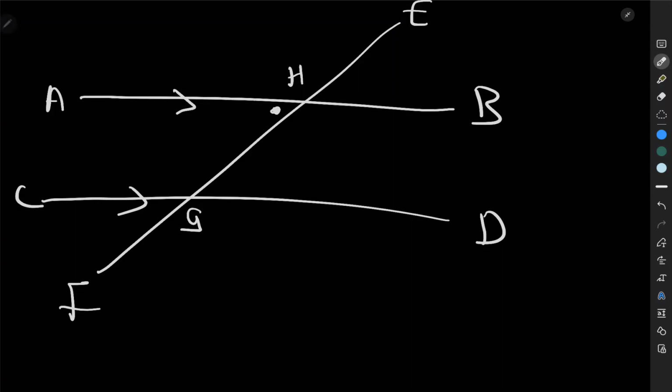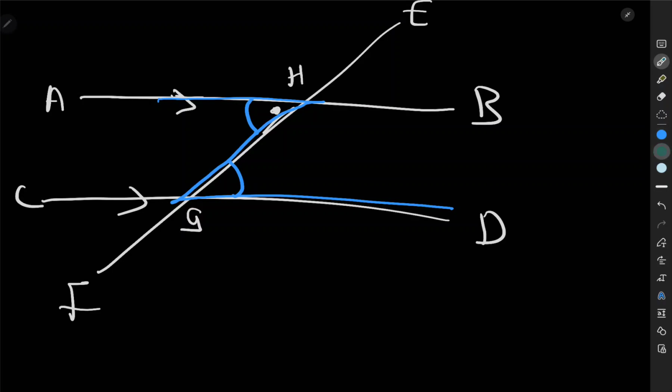The first thing, if you see, is we have a shape which is like a Z. We know that if we have a shape like that, those two angles are alternating, so they're equal. So that's a pair that I was able to find just by knowing that those lines are parallel.